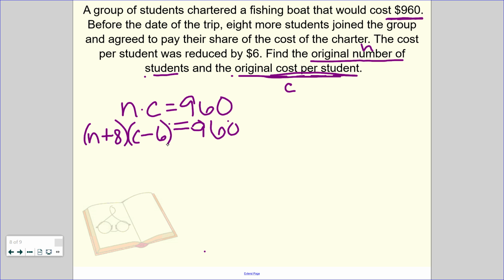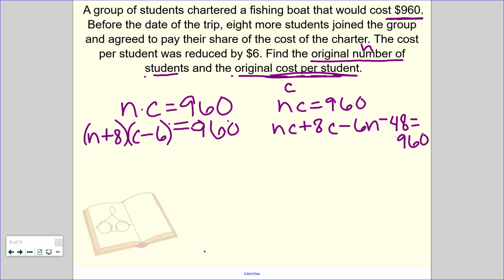Okay, we can go ahead and solve now. I'm going to FOIL out on the bottom here. If I FOIL, I have an NC. Actually, I'm going to write it over here. So I have NC equals 960 on top. If I FOIL at the bottom, I have NC plus 8C minus 6N minus 48 equals 960.